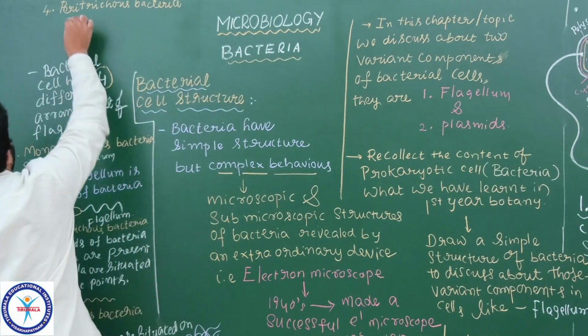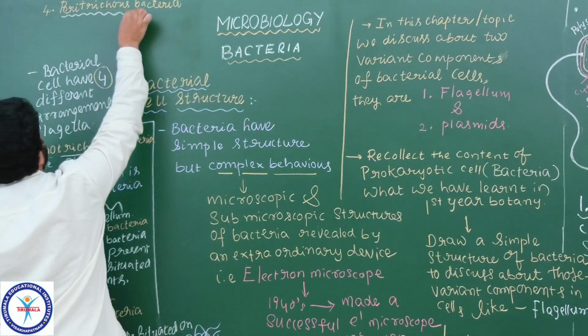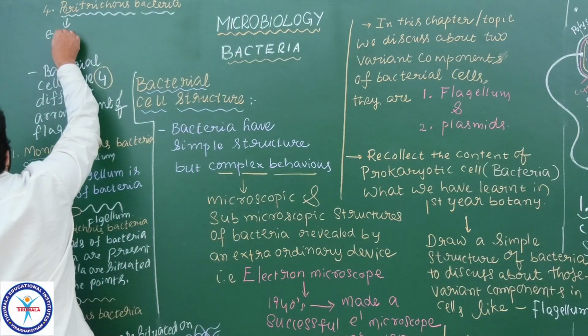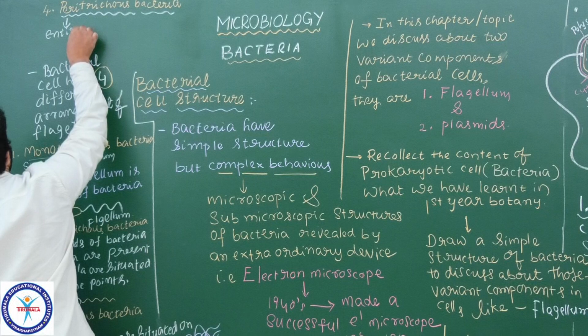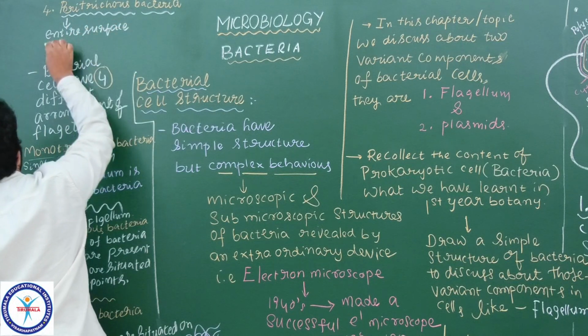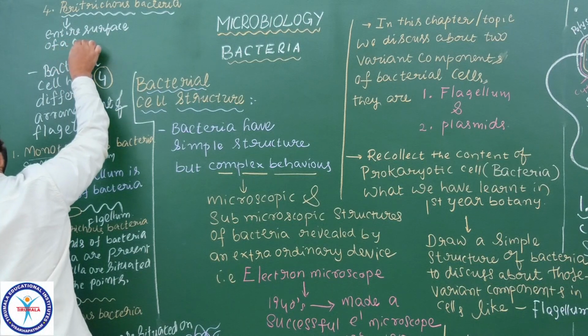Here peri means entire surface, like that. Peri means entire surface of a cell. Which cell is it here? Bacterial cell.